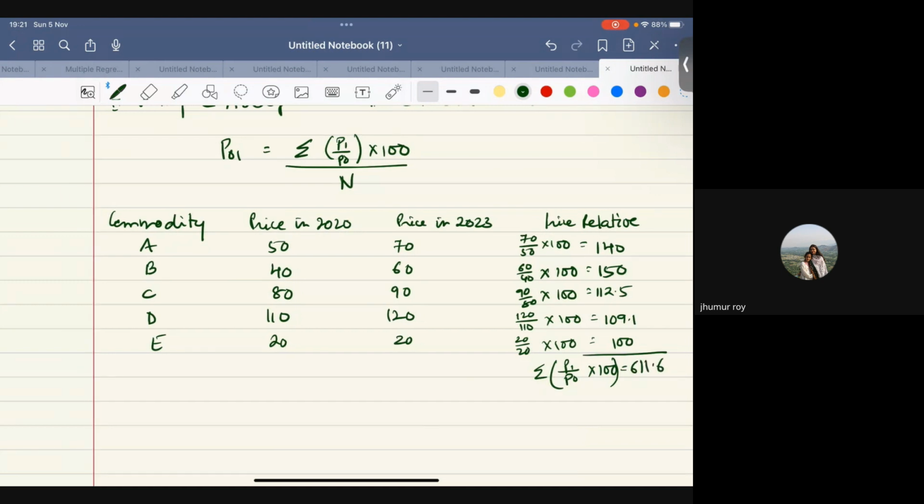Now you have to calculate P01 is equal to summation of P1 upon P0 multiplied by 100, whole divided by N. Here N is equal to 5. We are talking about 5 commodities. So you have to calculate 611.6 divided by 5. What is the value you get?